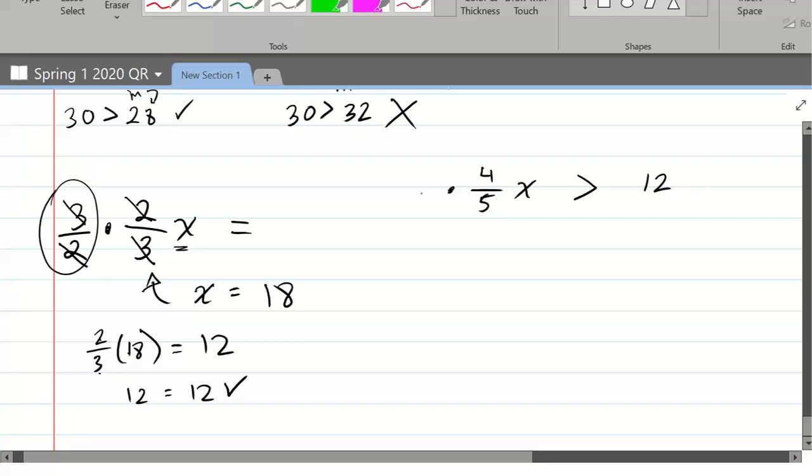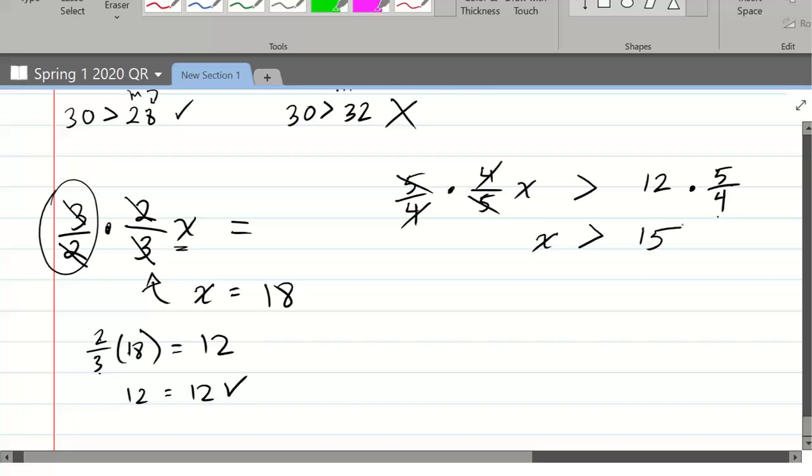We want to get rid of the 4/5, so we want to multiply it by its flipped, right? So multiply by 5/4 on both sides, gets rid of the 5, gets rid of the 4. We get x by itself is greater than 12 times 5, 60, divided by 4 is 15.